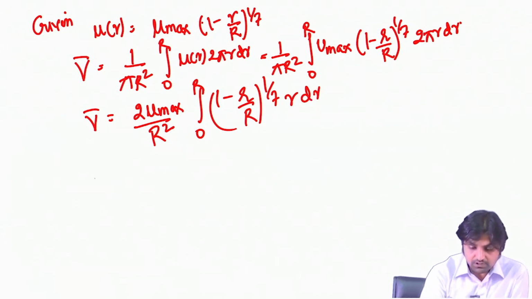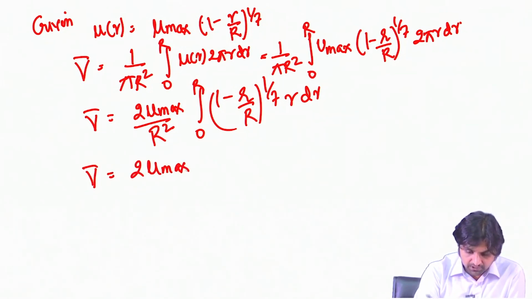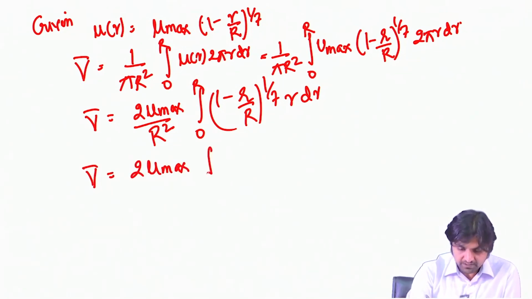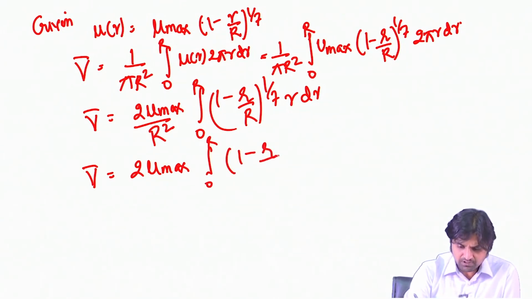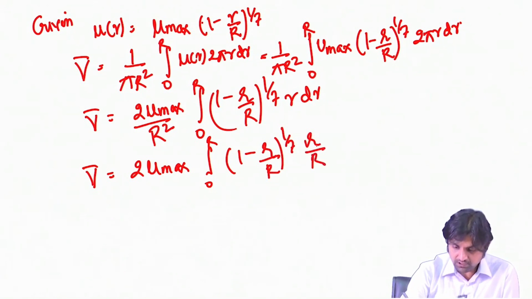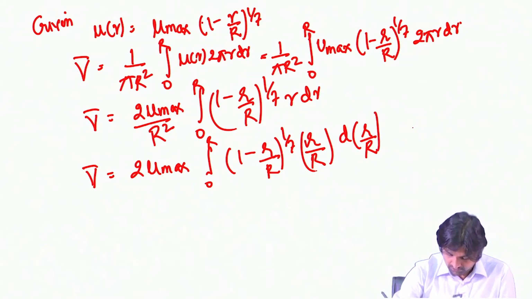What we can do is, V bar is 2 u max integral 0 to R. We will keep this one as 1 by 7, and we can write r by R and dr by R, and call it 1.